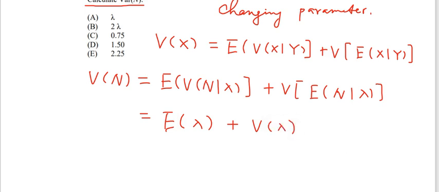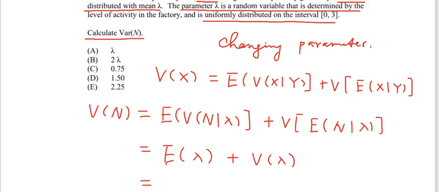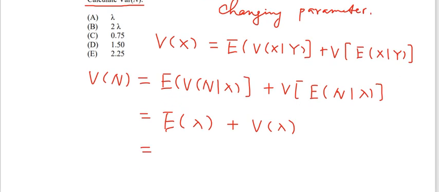Okay, so then we find those E lambda and V lambda. This lambda follows a uniform distribution between 0 and 3. So we say the mean is 1.5. And for the variance, we have this formula, right? Variance is b minus a squared, so 3 minus 0 squared over 12.